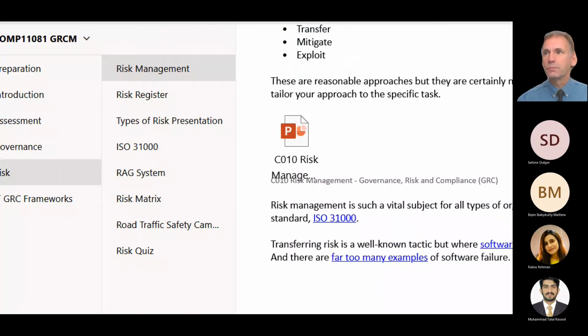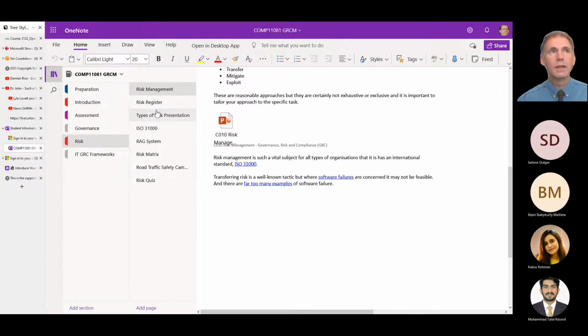And hopefully you've read ahead, read the presentations, and read all of these pages here. So today isn't so much me presenting the material, it's going over it so that you can come in and ask any questions you have from your reading of it in advance.